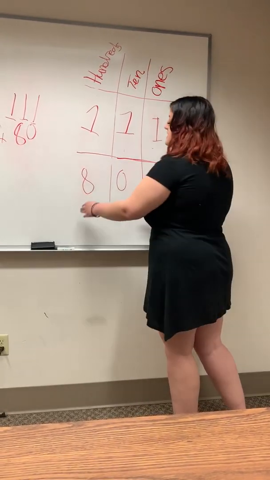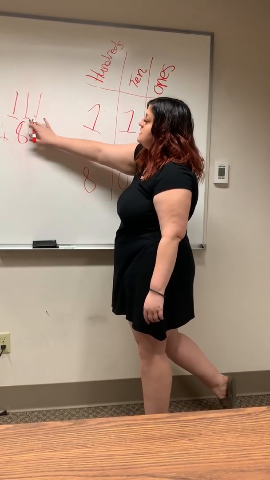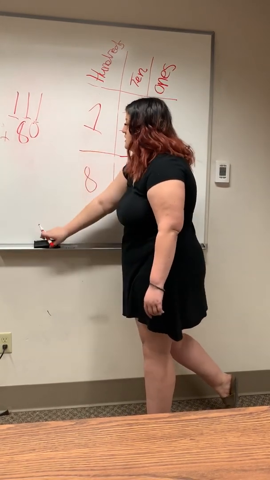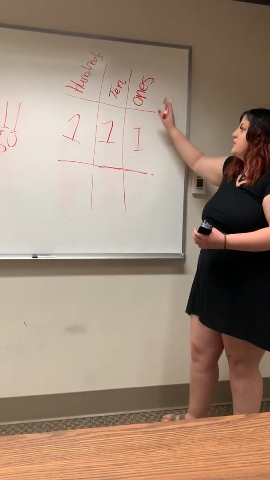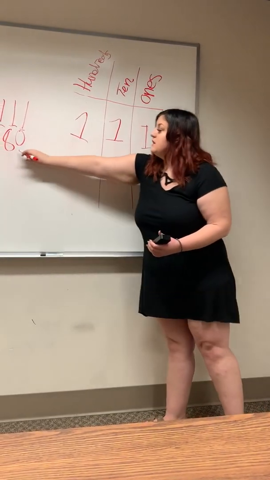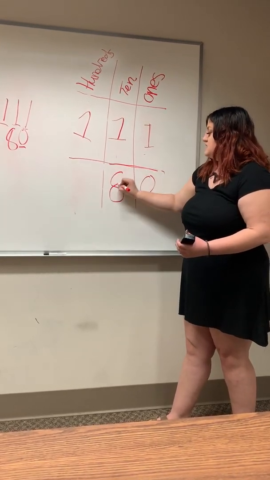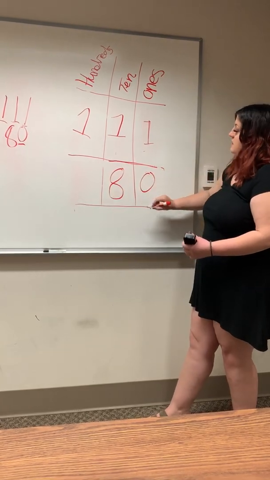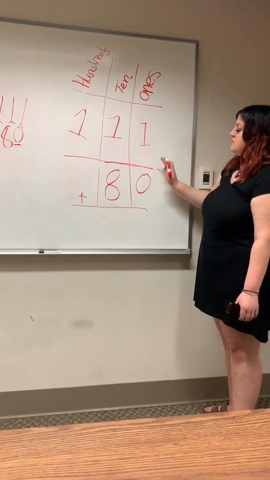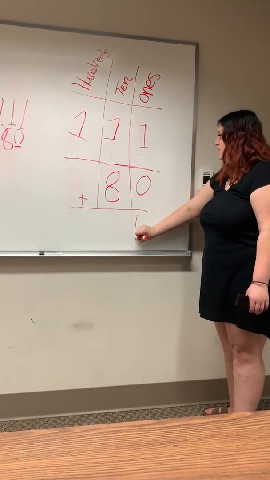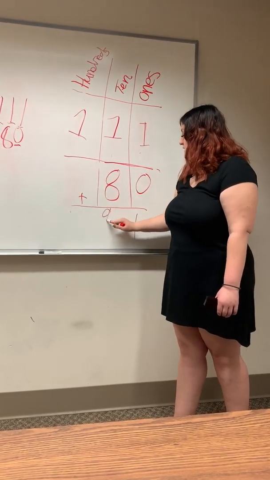No, it's not, because we always need to make sure that we start with our ones column. Even though there's a 0, there'd still be a 0 in the ones column and an 8 in the tens column. So let's add this up now. So we see 1 plus 0 is 1. 8 plus 1 is 9.